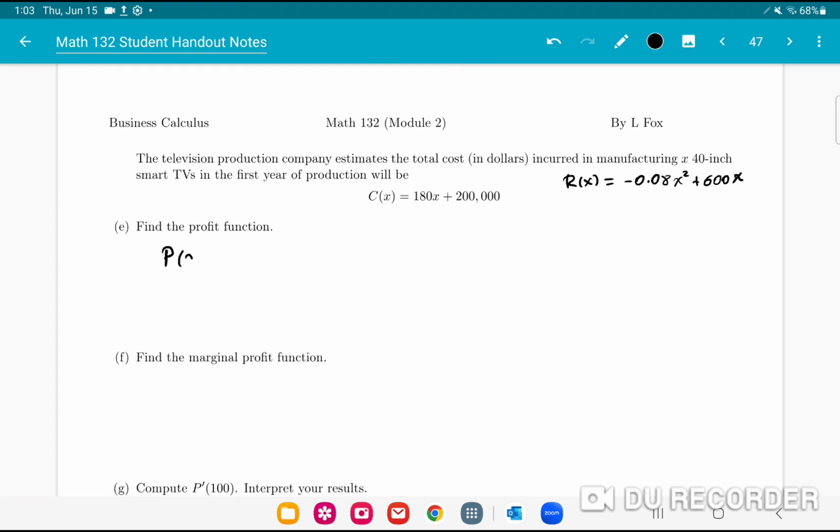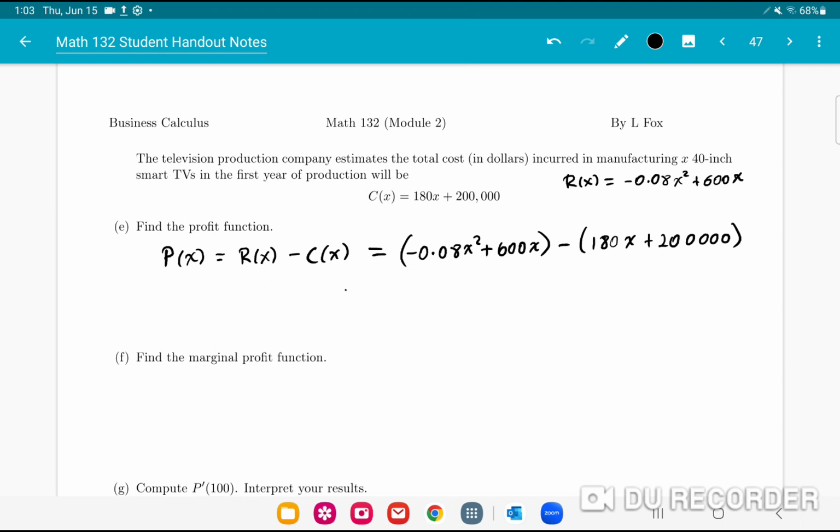The profit is the revenue minus the cost, so negative 0.08x squared plus 600x minus 180x plus 200,000, which is negative 0.08x squared plus 420x minus 200,000. I'm just distributing the minus and subtracting.